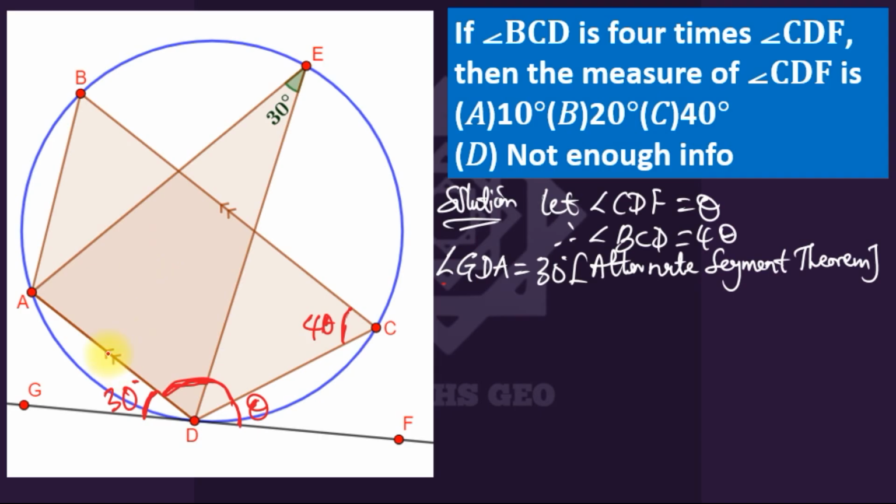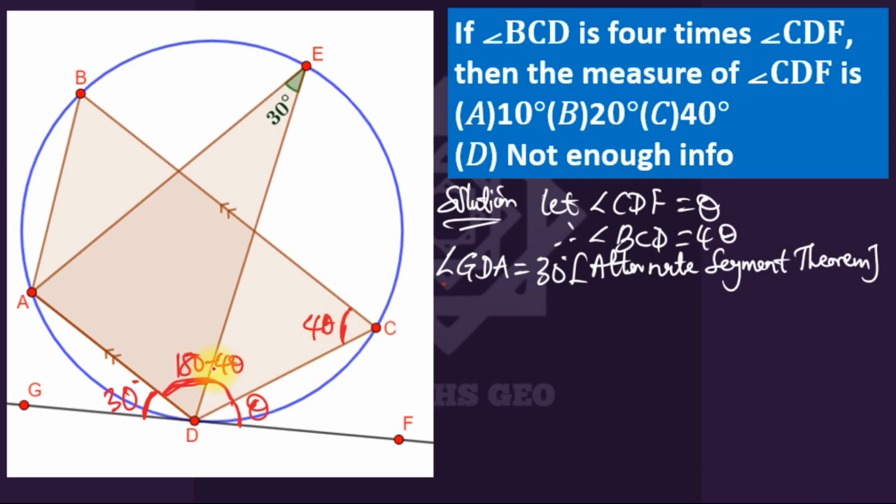You see additional information. Are you seeing these parallel lines? AD is parallel to BC. And from our consecutive angle theorem, angle ADC and angle DCB add to 180 degrees. So this should be 180 minus 4 theta, because DC acts like a transversal.